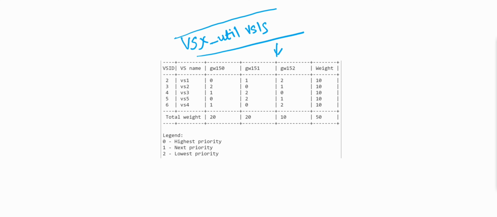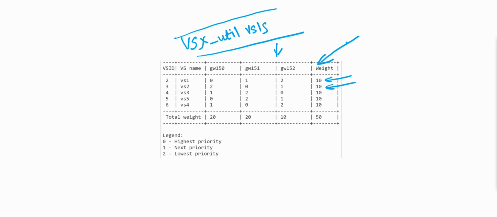And the last important point here is the weight. Whenever you create a virtual system, with the help of the Check Point virtual system algorithms, this weight is automatically assigned to the virtual systems. By default, Check Point assigns weight 10 to each and every virtual system we have configured.